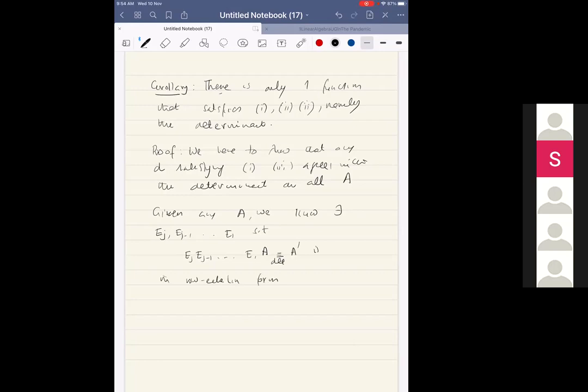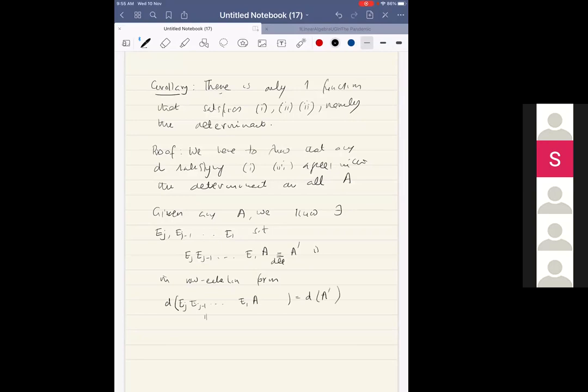So then D of Ej minus 1 through E1 A equals D of A prime.